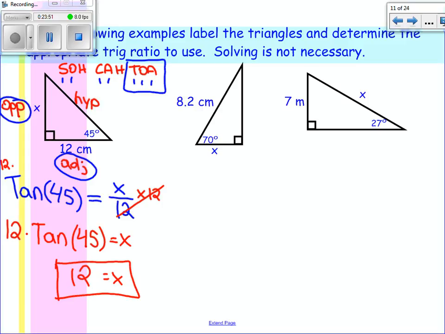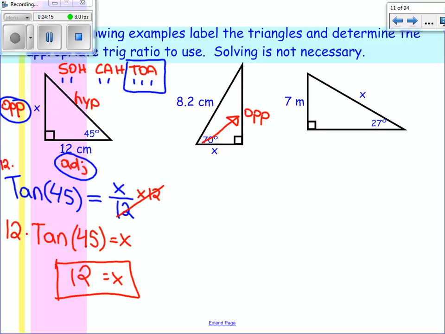So, very first step, I have to label my triangles. I label it based on the angle I'm given. So I'm given this 70, so that means this guy is going to be my opposite. This guy is going to be my hypotenuse. This guy is going to be my adjacent.